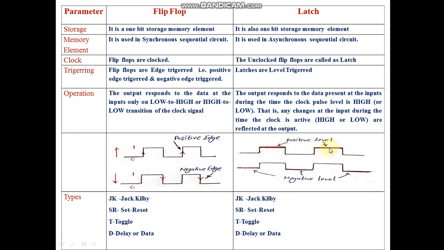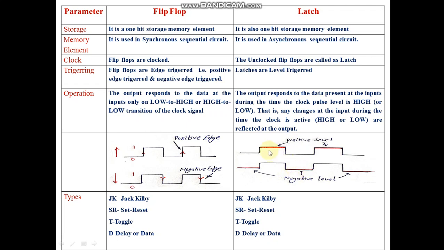Levels are basically horizontal, and edges are basically vertical as far as these diagrams are concerned. This top level denotes the positive level of the latch, and this bottom level denotes the negative level of the latch.